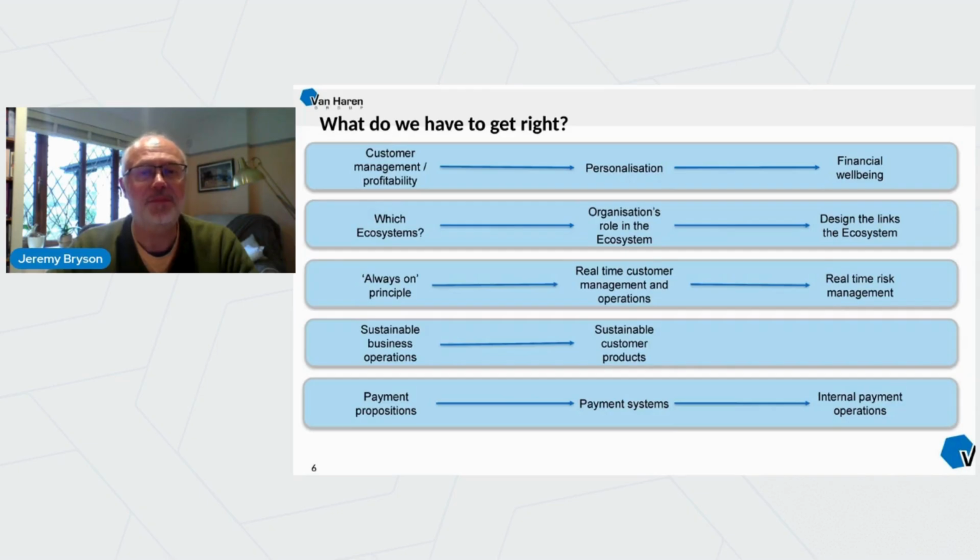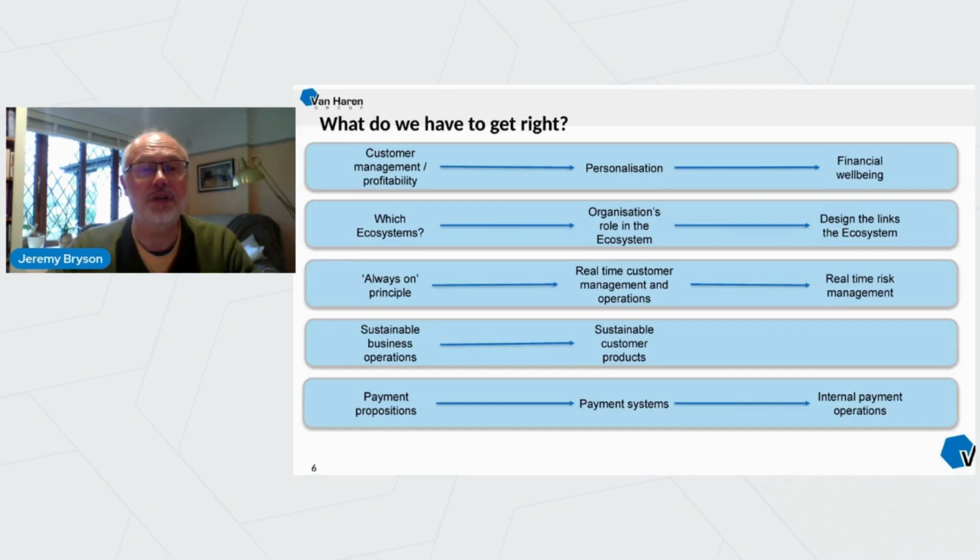So you can see here 5 topics that, if you get these right, make the business case that I showed you earlier on. We'll come on to some further ones in a minute about data that are a bit more specific, but we have to get our personalization right. We have to make sure we know how ecosystems work for the bank.